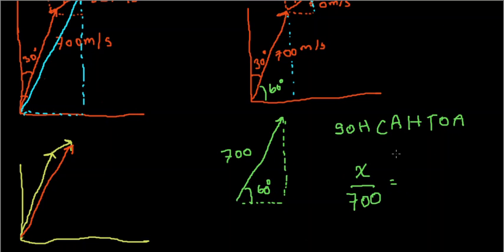But if you want to find the other proportion, you need to know what the sine of 60 degrees is. And it turns out that sine of 60 degrees is a bit of a weird number.